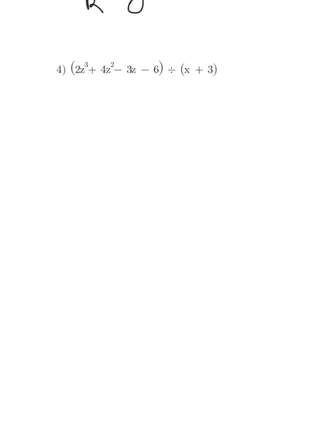On example 4, to set this up for our dividend, we will use 2, 4, -3, -6. We are going to use -3 from the divisor.